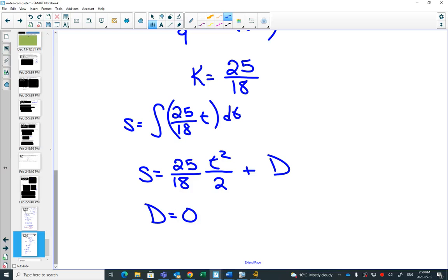So if we want to calculate the displacement at 20 seconds, we would just have to calculate this.